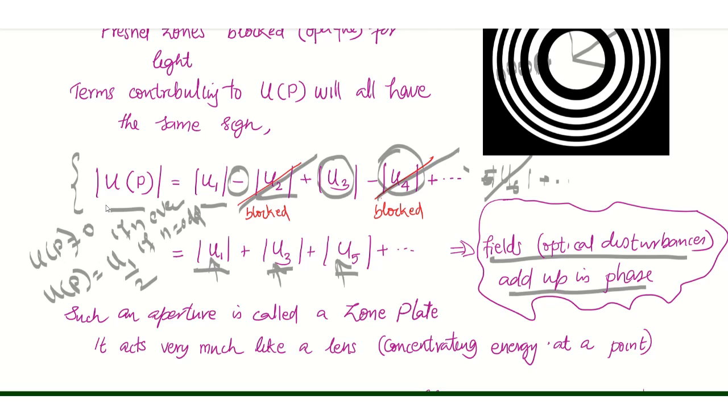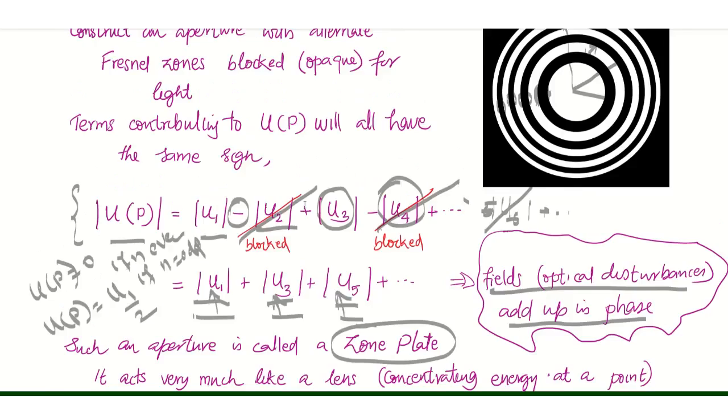It doesn't cancel out. The contributions U1, U3, U5 will always add up. And such an aperture is called a zone plate.